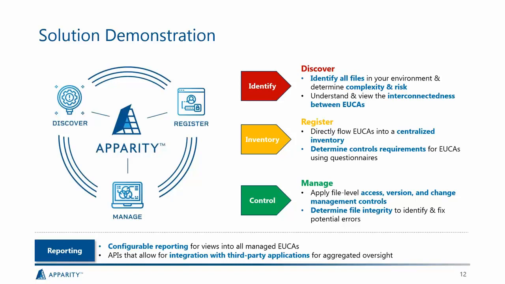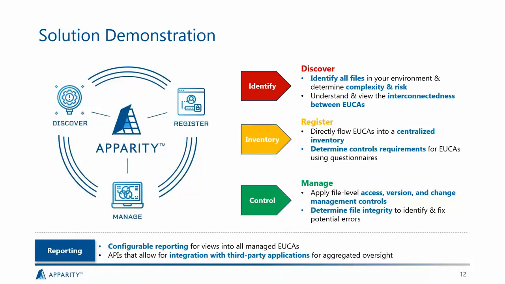So the final thing that I want to do is now jump into a solution demonstration. So we've talked about the identification, the inventory, and the control. We've talked a little bit about how Apparity can help facilitate that. So the deck that we built will be sent out to everyone. Just to note that I know some of these slides may be content heavy. We wanted to make sure that we had something that was meaty enough to leave behind to you.